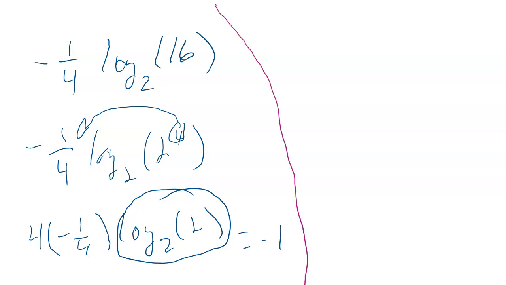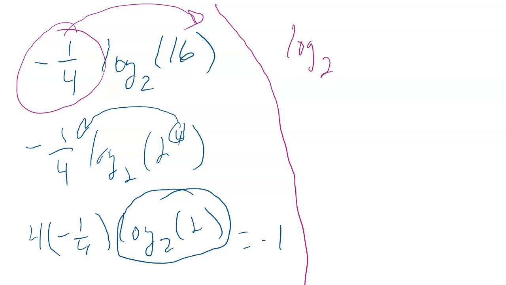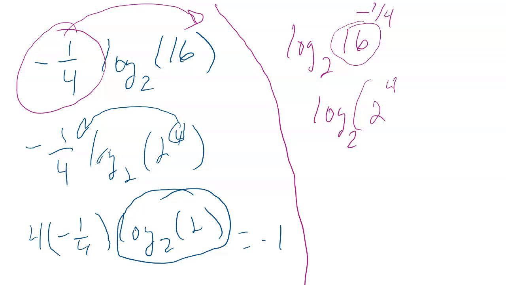Now doing it the other way, I'm going to move this up because I can do that. I could either move them down or move them up. So it'll be log base 2 of 16 raised to the negative 1/4 power. I might do the same thing. I'm going to write this as 2 to the 4th power, raised to the negative 1/4 power.